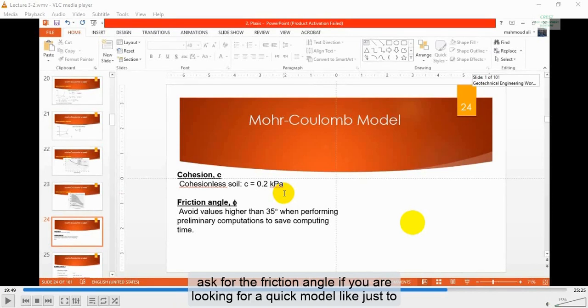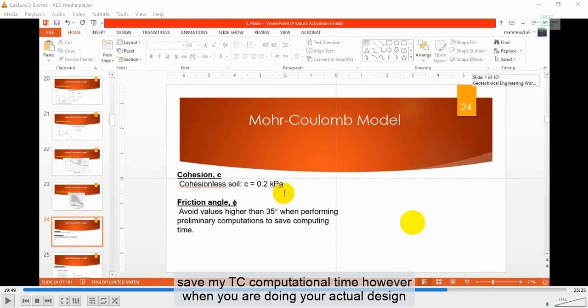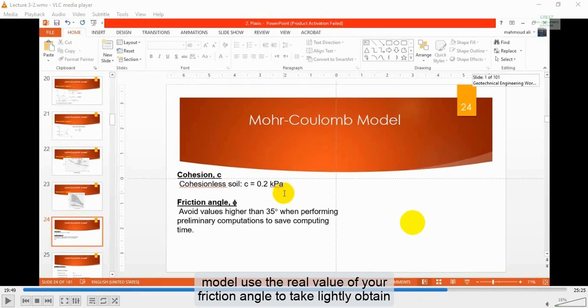For the friction angle, if you are looking for a quick model, just to check your soil behavior, don't use a friction angle greater than 35, just to save computational time. However, when you are doing your actual design model, use the real value of your friction angle, as you obtained from your field or laboratory soil tests.